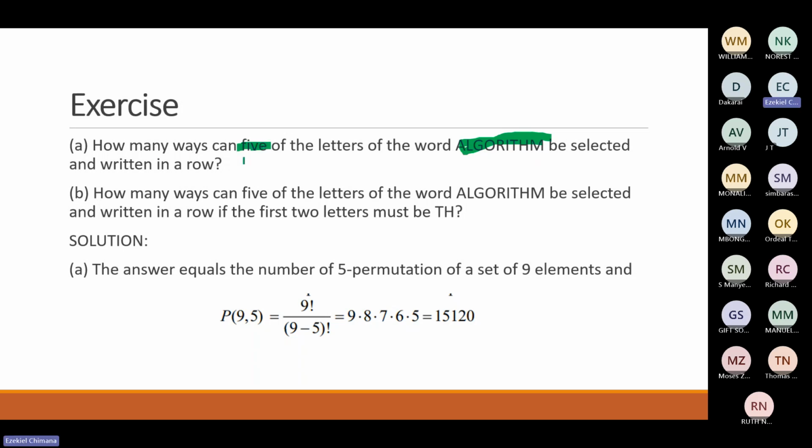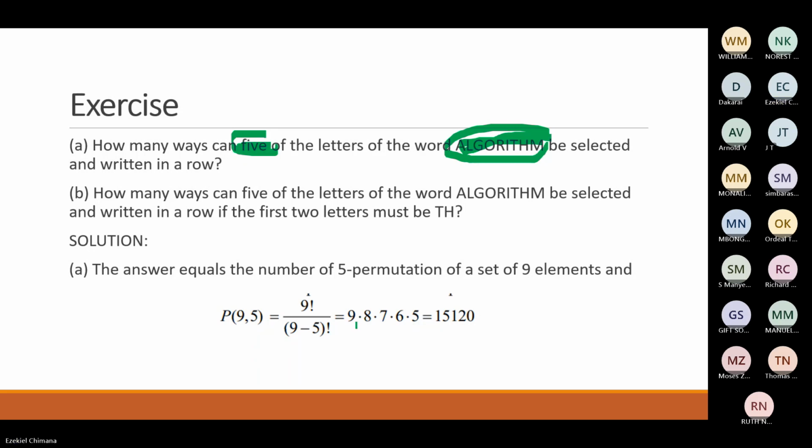So here, that's where you get your n, and here, that's where you get your r, and then you plug it into your formula. You have to actually count the letters in the word algorithm. So it's 1, 2, 3, 4, 5, 6, 7, 8, 9. It's 9.